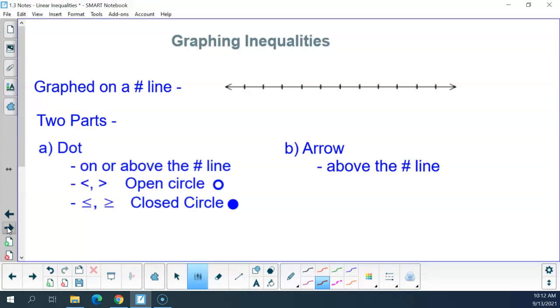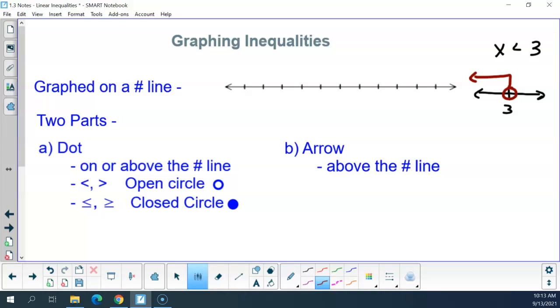Then we draw an arrow above the line because we want to be able to see it. So what I'm talking about here is this. Let's say that our solution is x is less than 3. That's the inequality. A graph, if you will, would have 3 on it, with an open circle at 3, and we want numbers smaller than 3, so we would be going back.